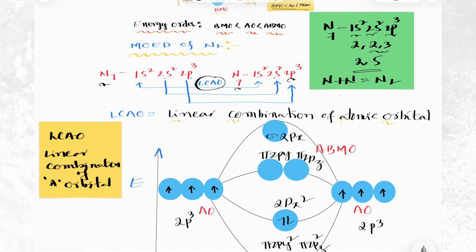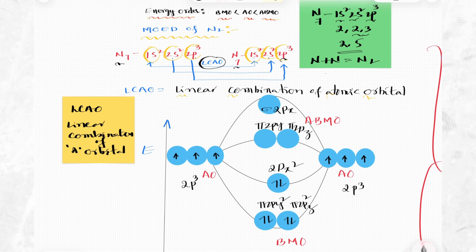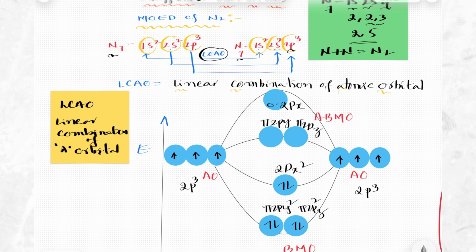Similarly, here also we are combining the 1s orbital to the 1s orbital of another nitrogen, and similarly the 2s orbital to the 2s orbital of another nitrogen atom. Similarly, you will go for the 2p3 orbital to the 2p3 orbital of another nitrogen. This is called linear combination. We can observe this linear combination in the nitrogen molecule.